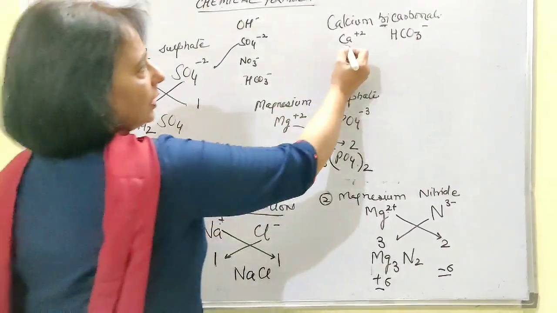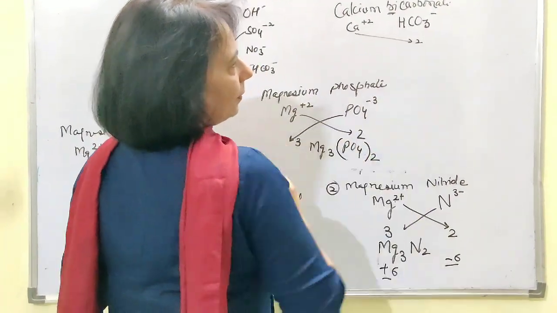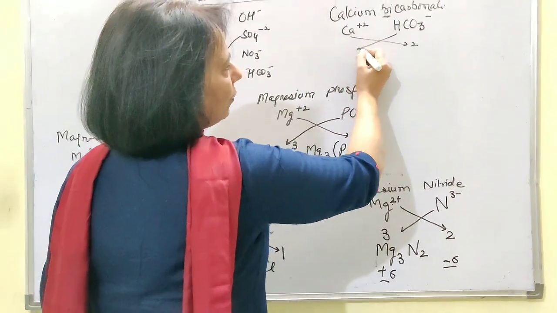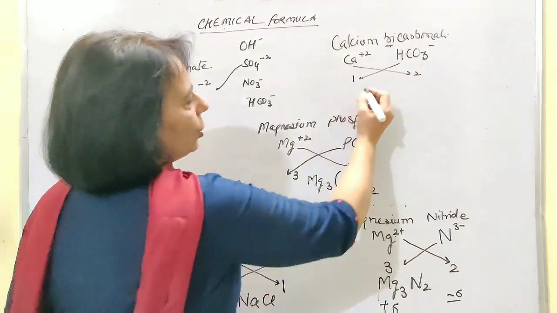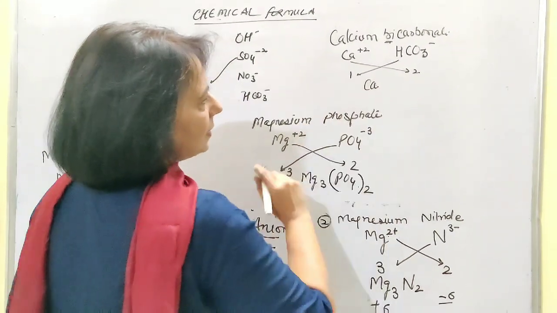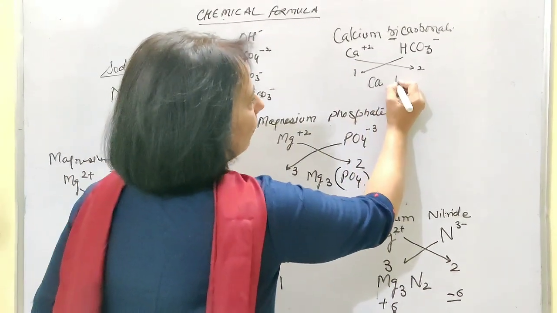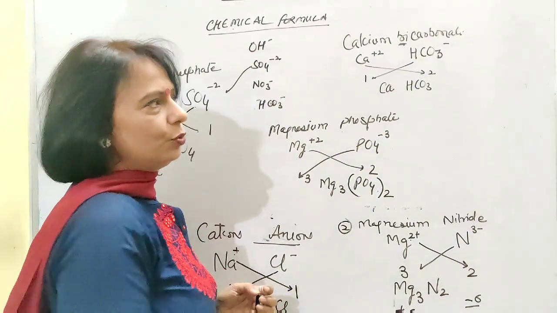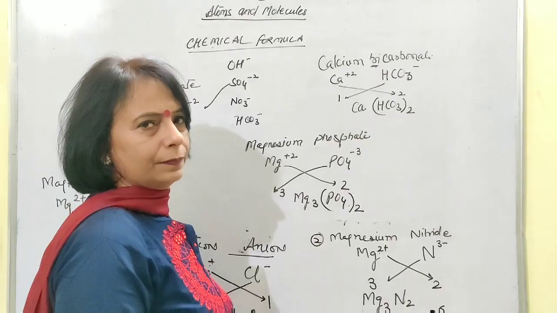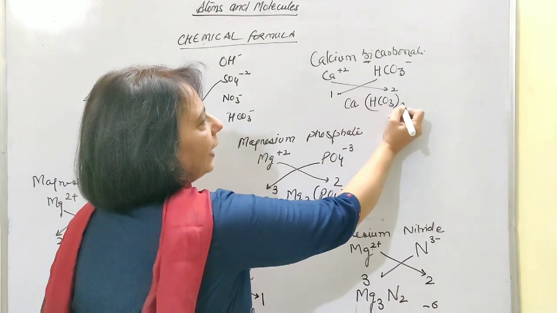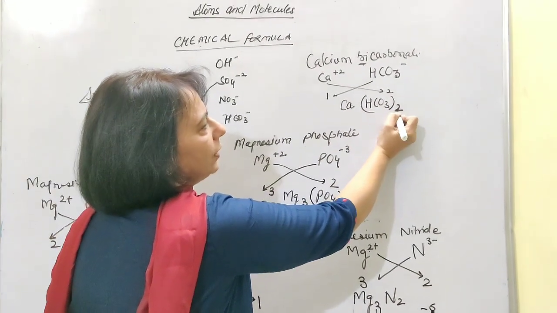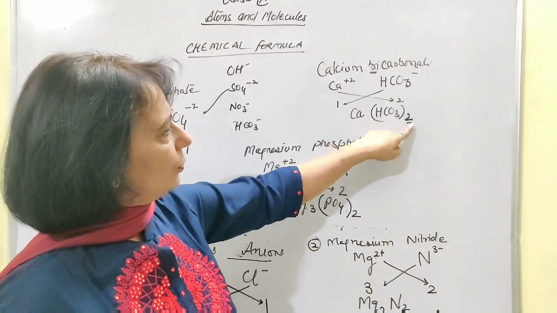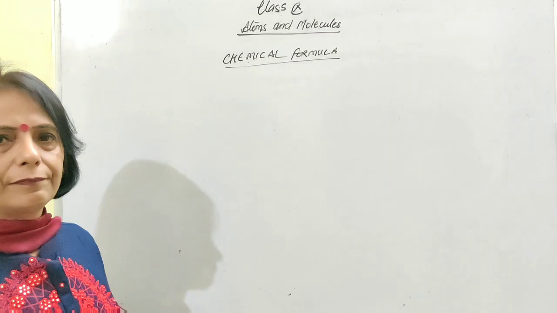Okay, so this 2 is going to go with bicarbonate and 1 is going to go to the other side. So calcium will be written as is, as 1 is never mentioned. Bicarbonate, as it has to be surrounded by 2, will be kept inside the bracket, and 2 will be mentioned here. So the formula for calcium bicarbonate is Ca(HCO3)2.